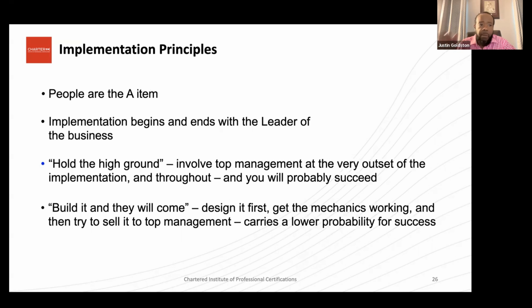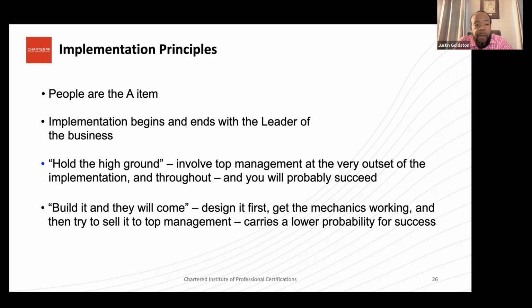So with the implementation principles, once again, people are the most important thing. I could have the perfect sales and operations planning approach, implementation approach, right? But if I don't put my people first, it could potentially fail, right?